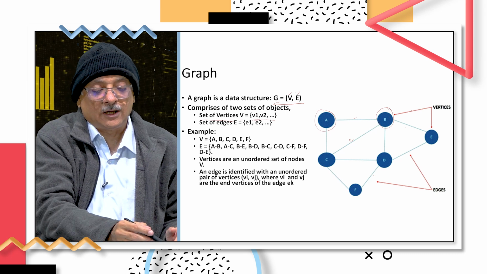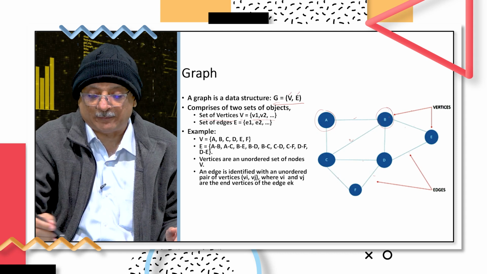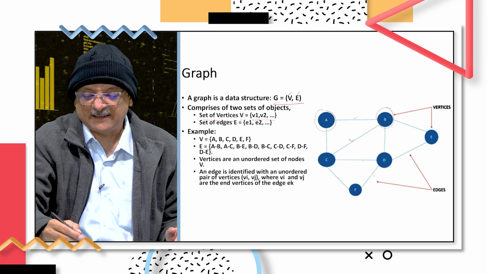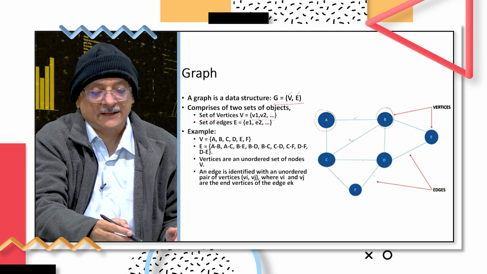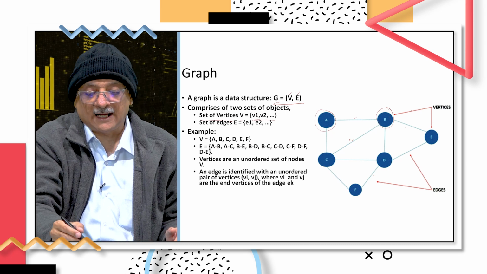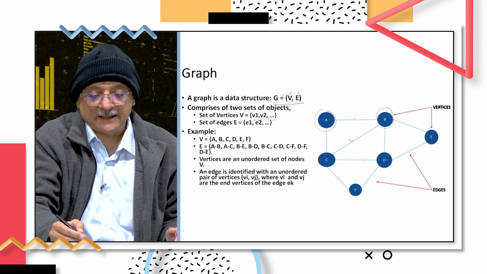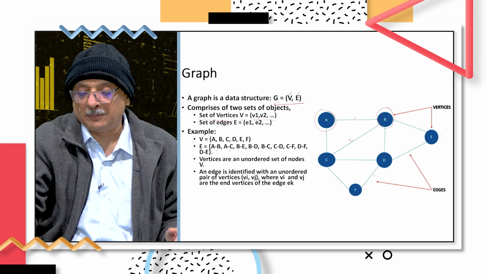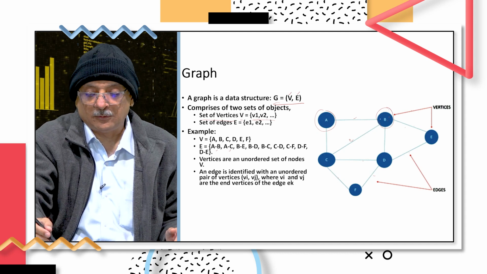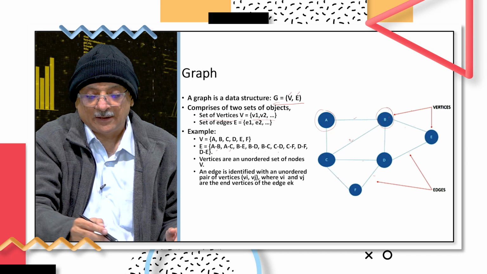If we see this particular graph, the set of vertices is A up to F, so A, B, C, D, E and F. The set of edges are: one is AB, then there is AC, then BE, B to D, B to C.